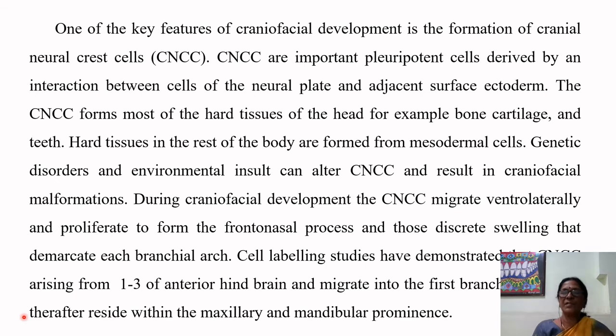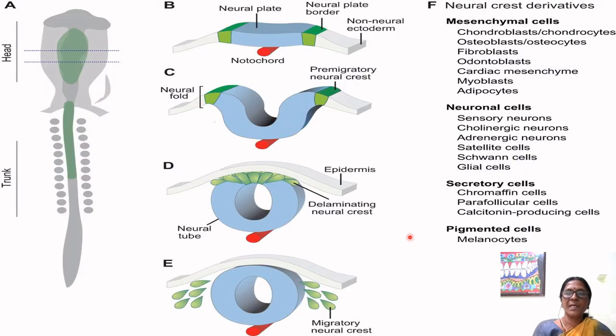Now, during craniofacial development, the cranial neural crest cells migrate ventrolaterally and proliferate to form the frontonasal process and those discrete swellings that demarcate the branchial arches. This is an illustration of the neural plate, the neural tube, and the neural crest cells that migrate throughout the body, giving rise to all these structures.